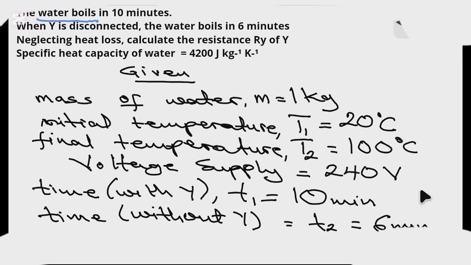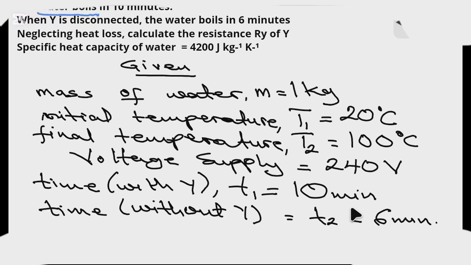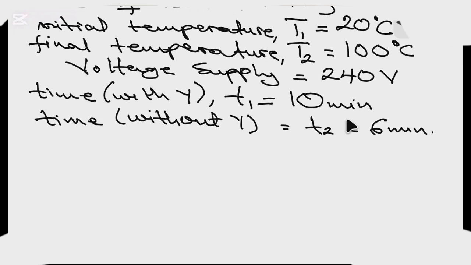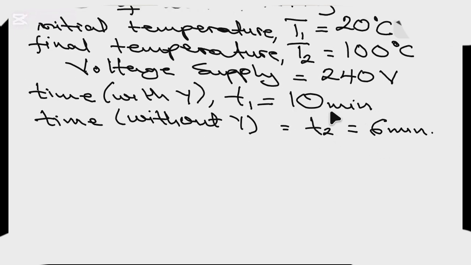Now, we have to be careful here. We are not going to use the minutes in our calculation, but we have to convert these into seconds. So my T1 will be 600 seconds.